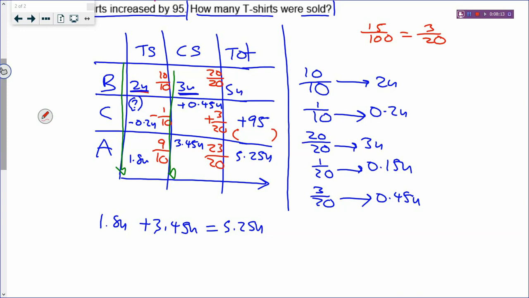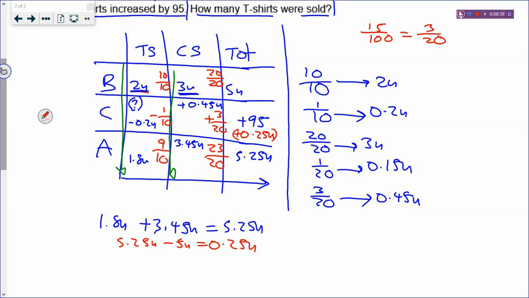So the total shirts in the end is 5.25 units, and you minus the total shirts at first, which is 5 units, and you will get 0.25 units increase. So there's an increase of 0.25 units. Understand? So how do you get 0.25 units? You take the total in the end and you minus the total at first, and you get the increase.